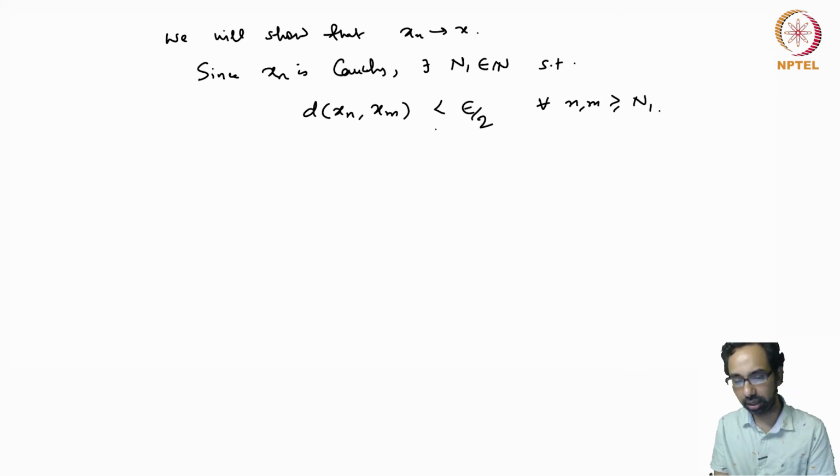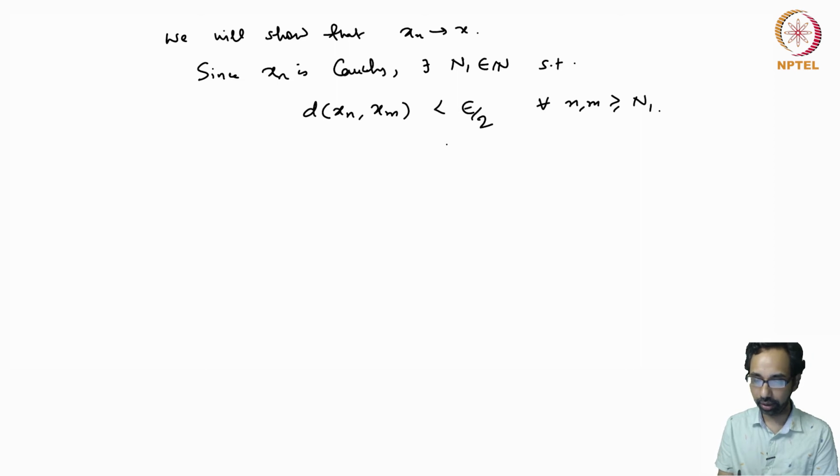Here I am taking a strictly less than inequality, but in the definition there was a less than or equal to sign, but it doesn't matter, they are both equivalent. So we can just go with strictly less than. I want you to convince yourself that having a strictly less than sign is equivalent to having a less than or equal to sign.